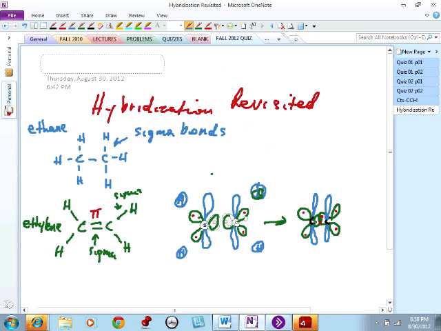And of course we now also have hydrogen s orbital overlapping with that, hydrogen s orbital overlapping with that, hydrogen s orbital overlapping with this.